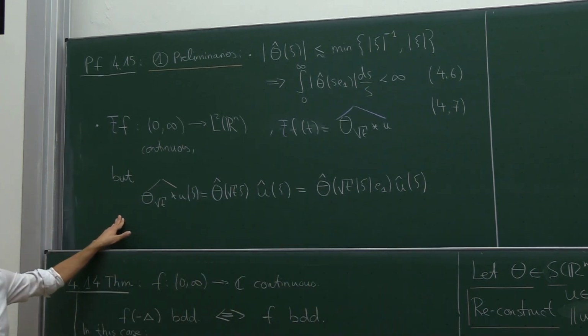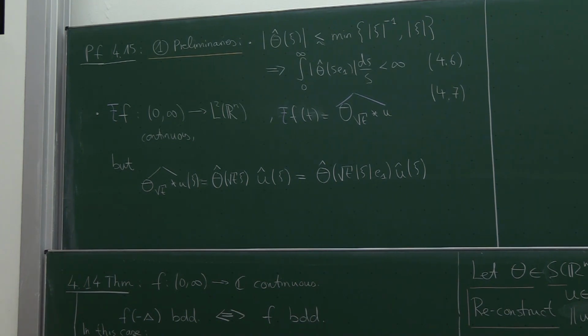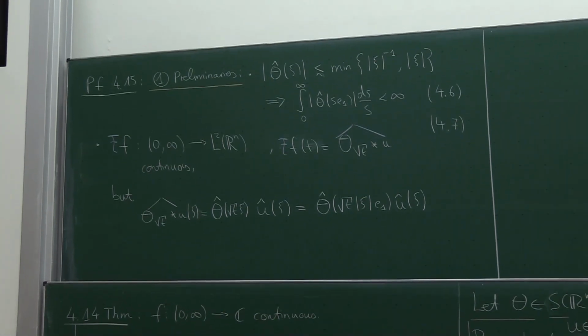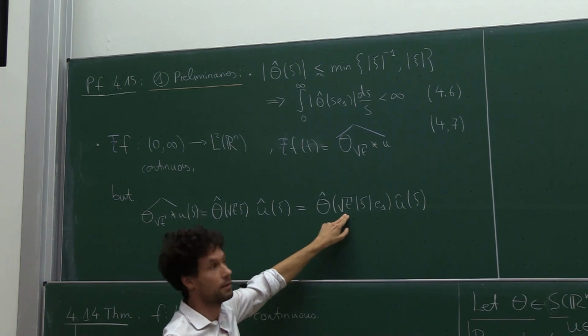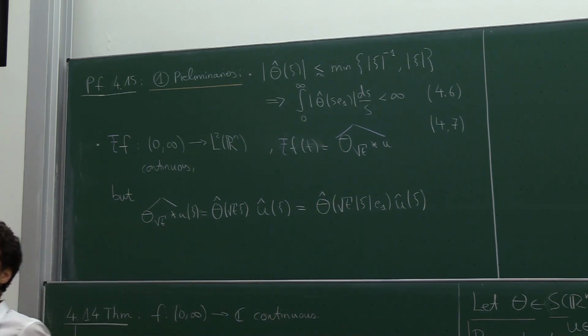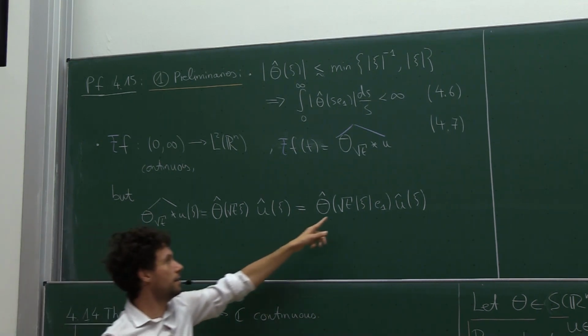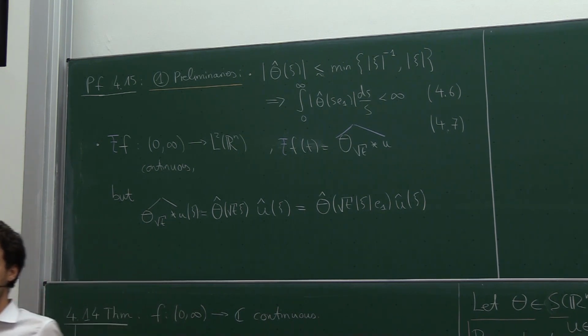Okay, now I want to prove that this is a continuous function of the variable t valued in L2. Now, in order to do that, you see this is an L2 function and I'm multiplying by stuff. If the stuff I'm multiplying with is uniformly bounded and it depends continuously on the variable t for almost every xi, then I can use dominated convergence and get continuity valued in L2.